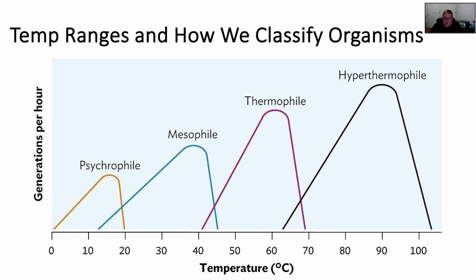Okay, so that's important to know, but we need to know these in order of increasing temperature. So psychrophiles are our coldest, mesophiles are the next class up, thermophiles can live in really hot conditions, and hyperthermophiles can live in extremely hot conditions.